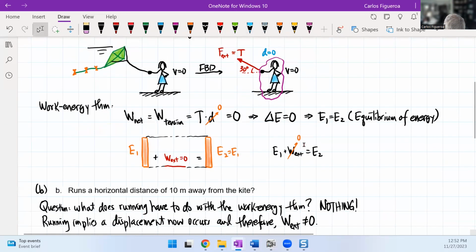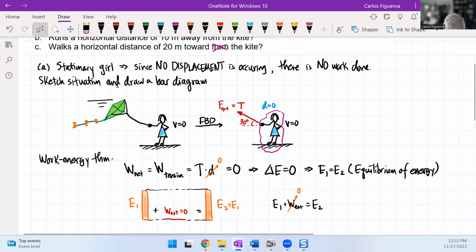Before, what was our question? Is that draw a situation. And that means I need a free body diagram to see what the force is looking like here.